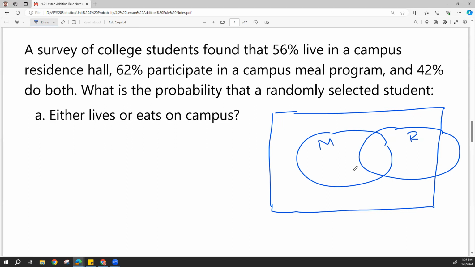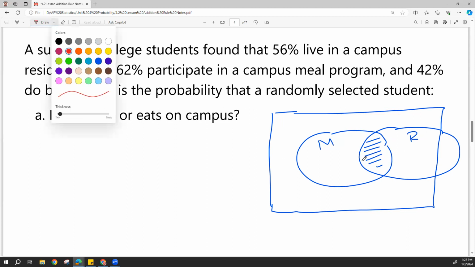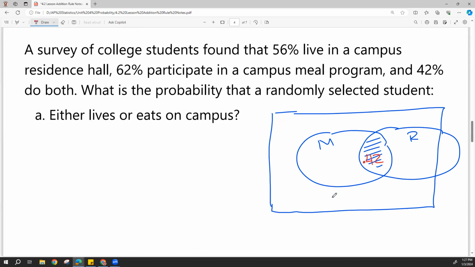And so we have 42% of our students are living in a residence hall and on a meal program. And so in my Venn diagram, that's this piece. And so there is 42%, so 0.42 of our students are in that part of the Venn diagram. We do have 56% living in a residence hall, but 42% of them are already accounted for in this overlap portion.